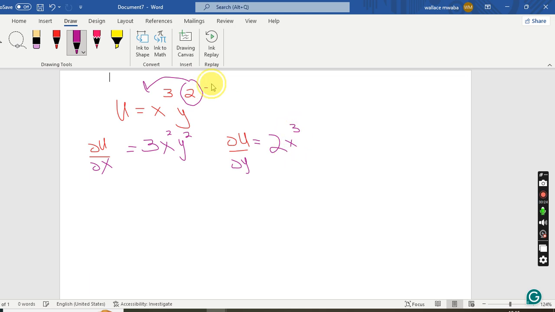You subtract a 1 from this power, 2 minus 1 is 1. So 2x cubed y. So for the total derivative, we just add these two.